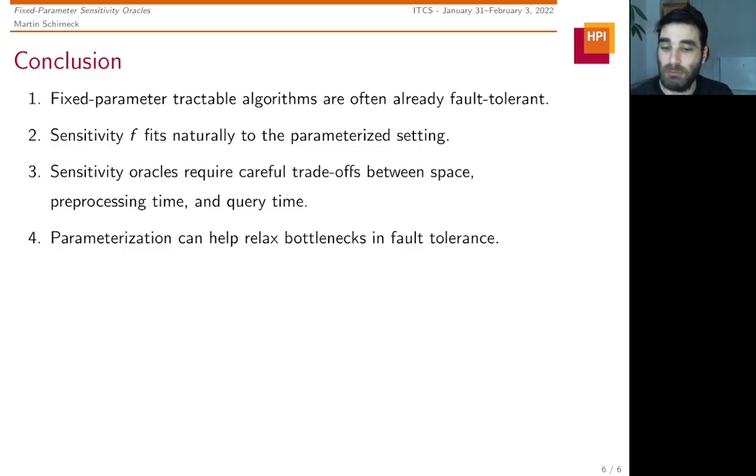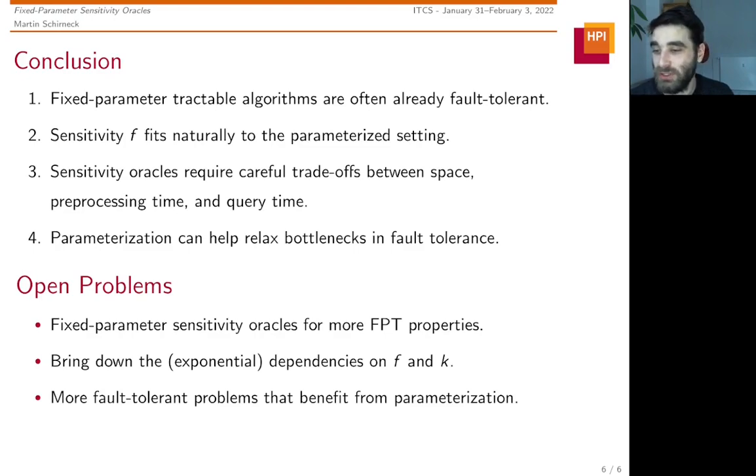And for new research directions, listing open problems, essentially everything is open. But the most important things here would be to extend fixed-parameter sensitivity oracles for more FPT properties and see what else we can do there. And for the existing solutions, bring down the exponential dependencies on F and K. Usually you can get rid of or diminish the dependency on the graph size, that is fine.